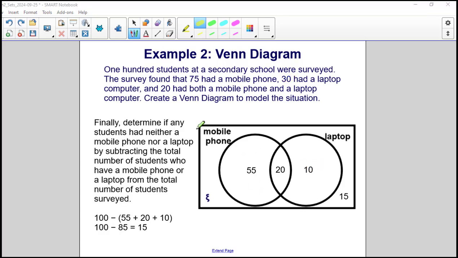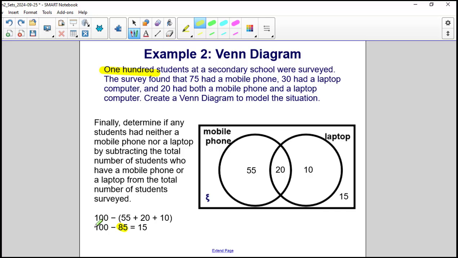Finally, determine if any students had neither a mobile phone nor a laptop by subtracting the total number of students who have a mobile phone or a laptop from the total number of students surveyed. Recall that there were 100 students that were surveyed. Of those 100 students, 55 students had only a mobile phone, 20 students had both a mobile phone and a laptop, and 10 students had only a laptop, for a total of 85 students.